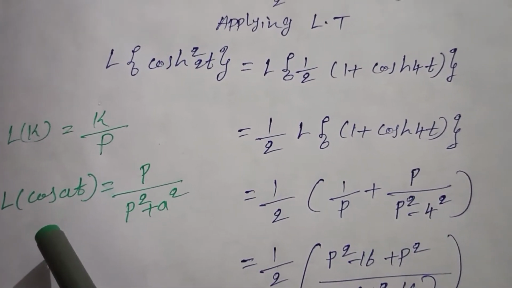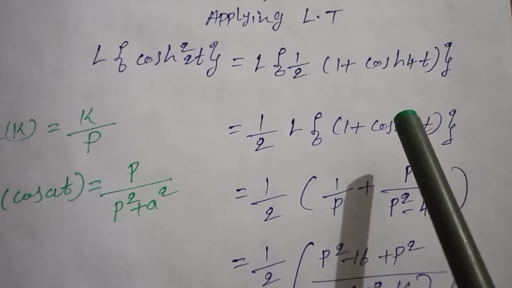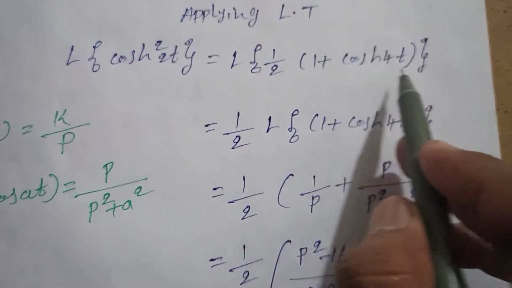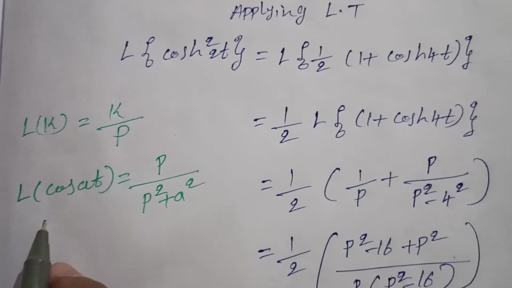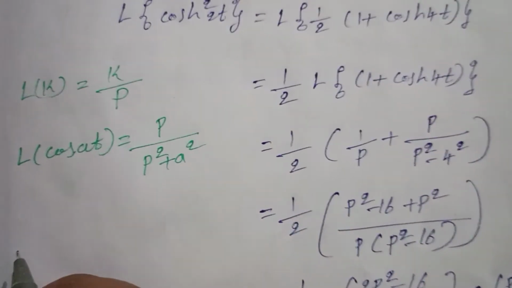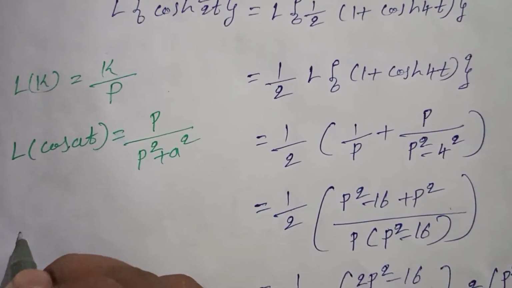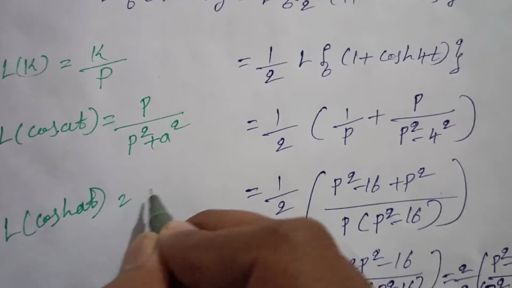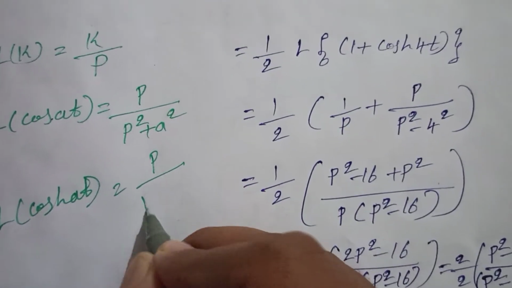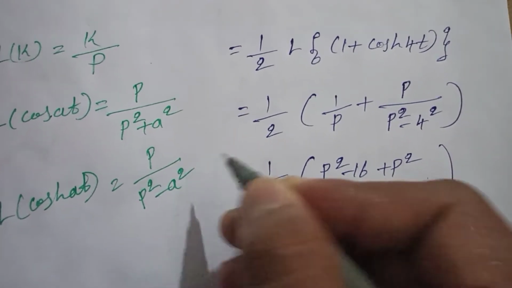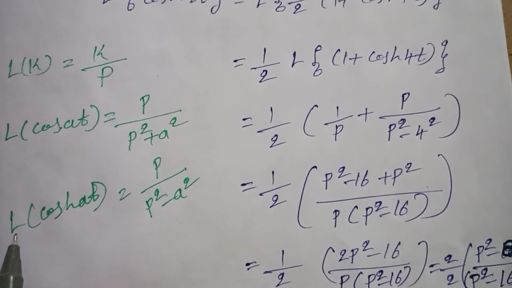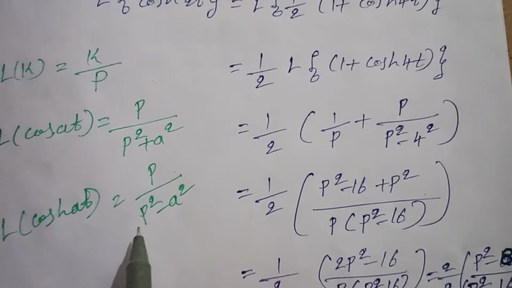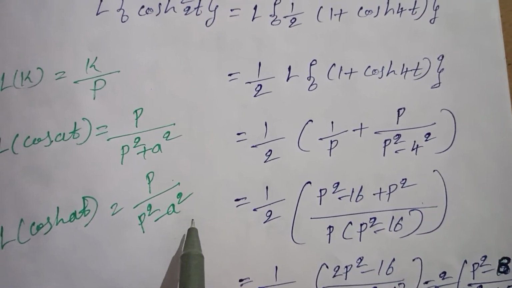Here I am writing the formula for cosh at. The Laplace transform of cosh at is equal to p by p square minus a square.